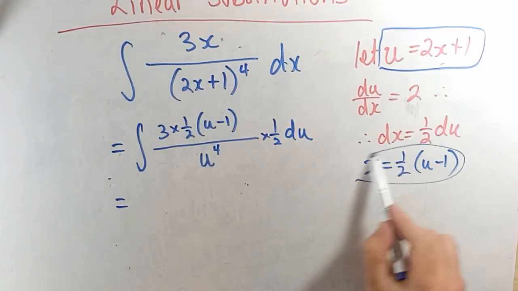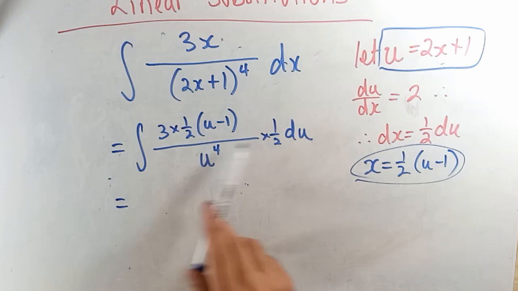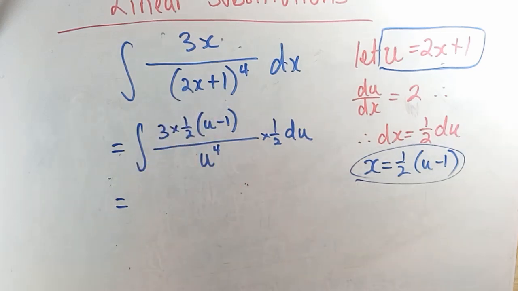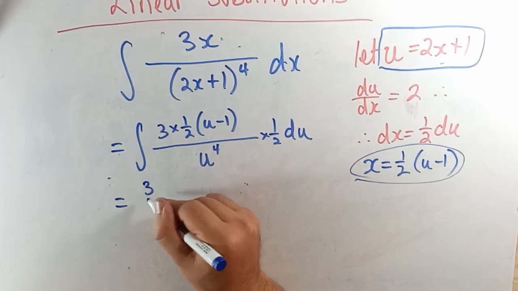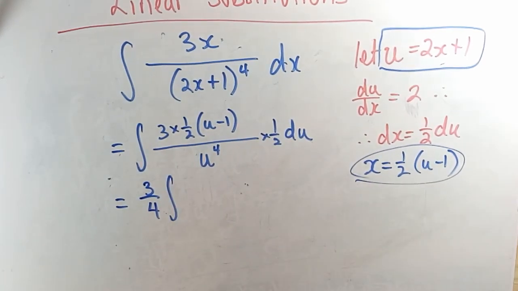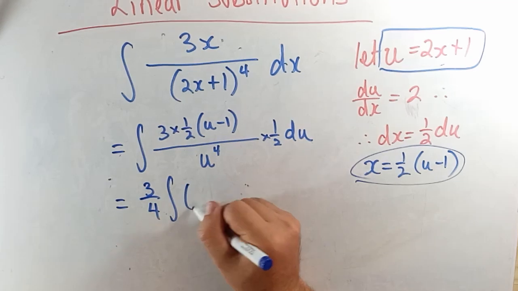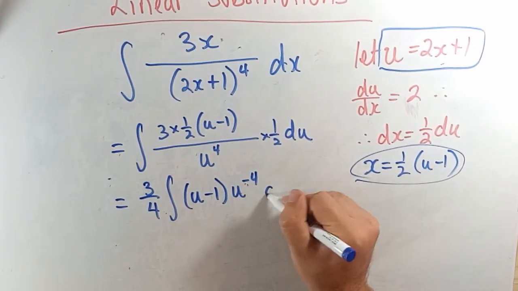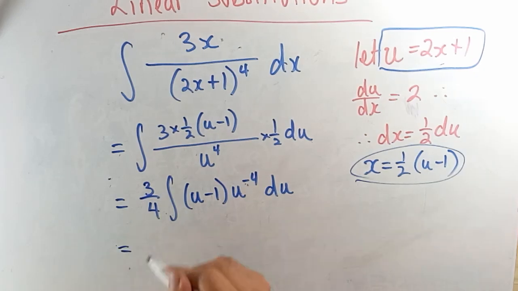There's a bit of an extra step here to get rid of the x on top, but now we've got it in terms of u. Let's take out all the constants. We'll take out the half and this 3. So I end up with 3 on 4 bracket, and now I've got u minus 1, u to the negative 4 du. It's a bit easier to look at.